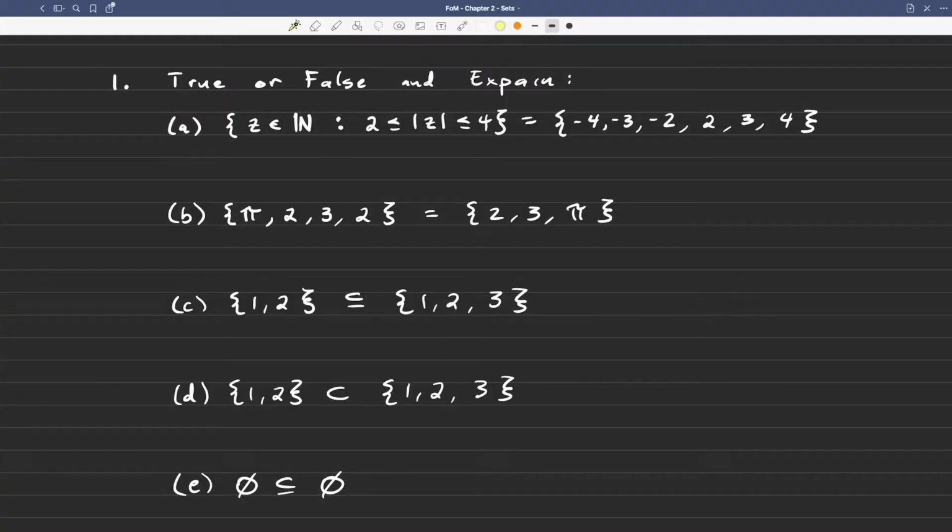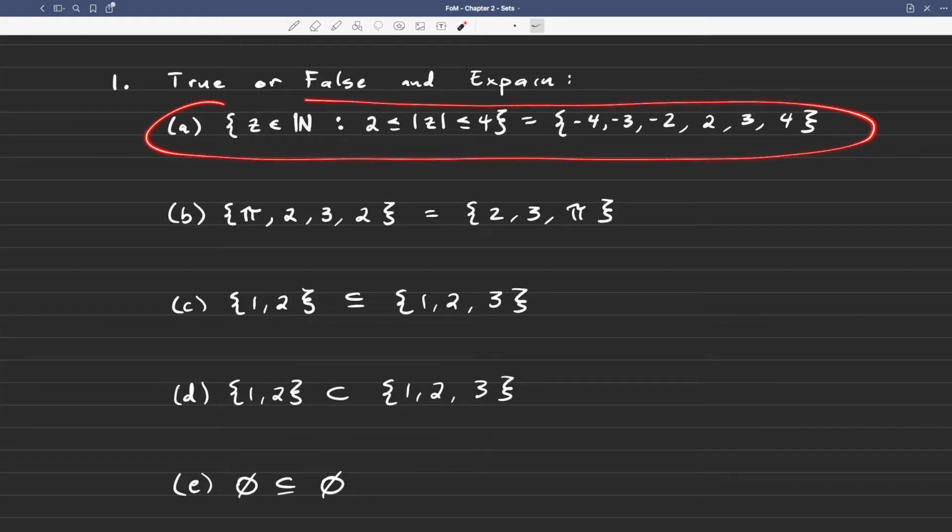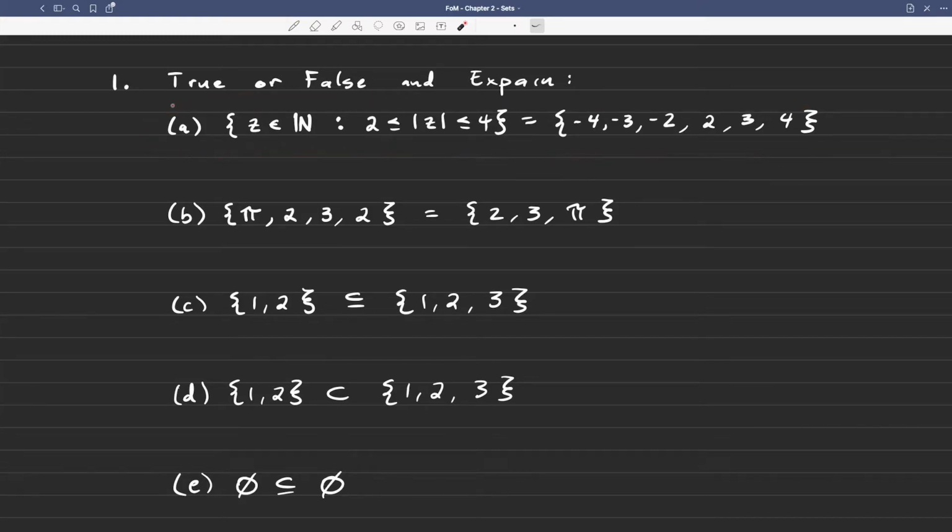All right, welcome back. How about this first equality here? Is it true? I'm going to have to say no, because notice that the universe of this set is the natural numbers. The natural numbers are only positive, and the set over here has negative elements in it. So just on the basis of that, I can say it's false. -4 is an element of the set -4, -3, -2, 2, 3, 4, but -4 is not an element of the first set.